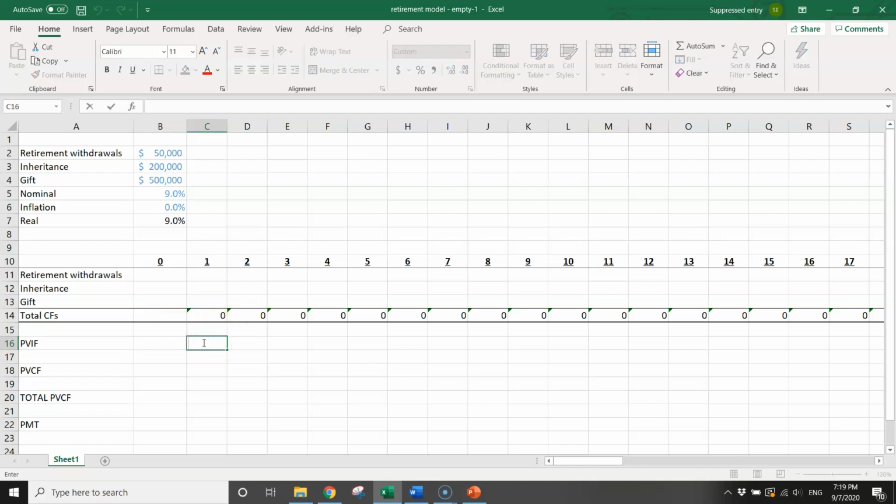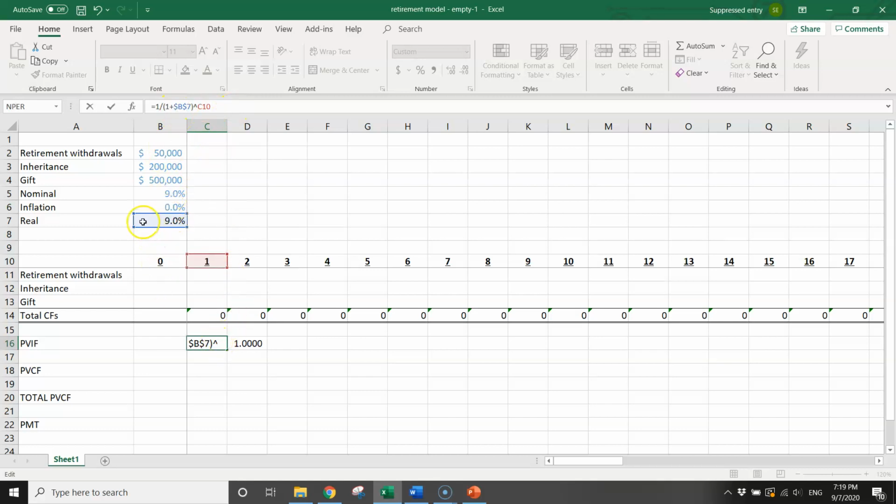So now we can use the real interest rate to calculate the time value of this cash flow. The present value factor for the cash flow in year 1 will be 1 over 1 plus real interest rate to the power of this period, year 1. So it is 0.9174. So in next year, we do the similar calculation. Remember, we need to verify we use the anchored value for the key parameters.